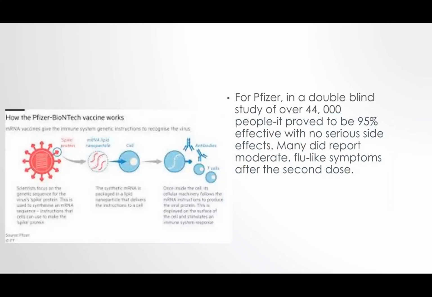For Pfizer, in a double-blind study of over 45,000 people, and when you say double-blind, that means some people were given the actual vaccine, then others were given a placebo or a fake vaccine. Out of 45,000 people, it proved to be 95% effective with no serious side effects. Many did report modern flu-like symptoms after the second dose.